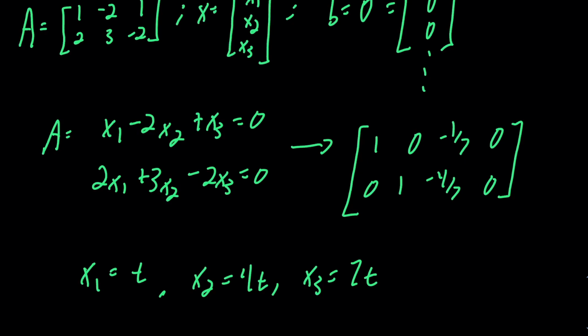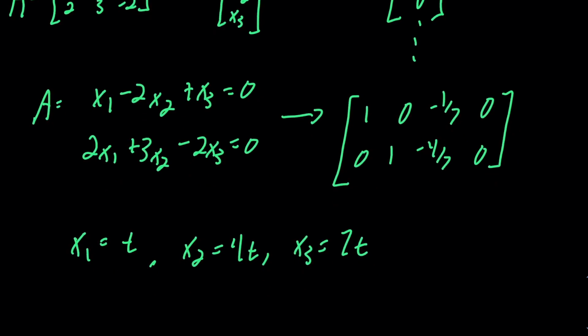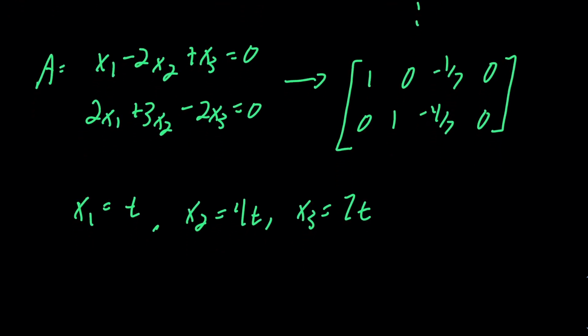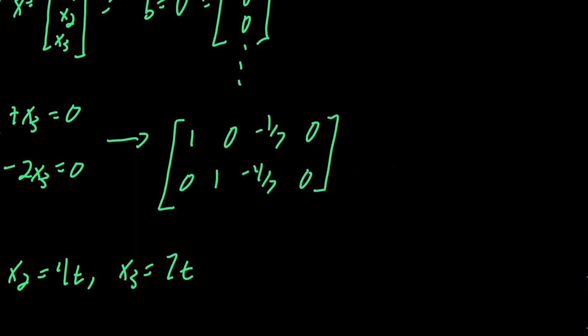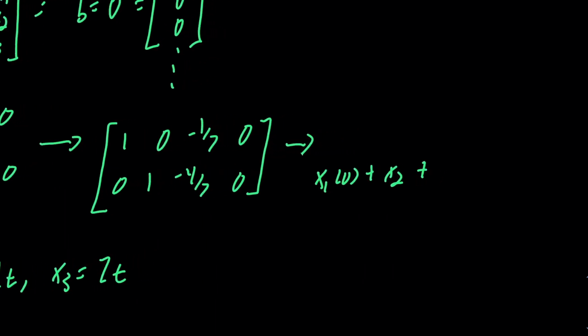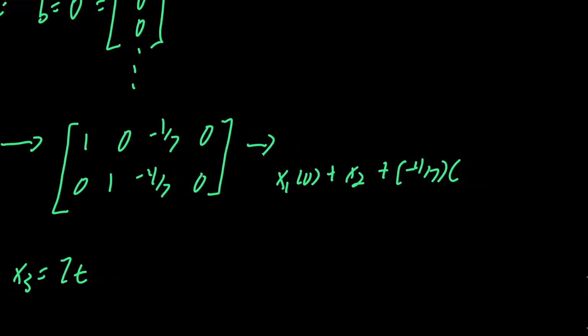So, let me elaborate on how we found these parameters, since this system has infinitely many solutions. If we let x3 equal 7t, and by the way, we probably should have started with that, it would have made the process a lot easier, then the second row of our Jordan elimination matrix simply becomes x1 times 0 plus x2 plus negative 4/7 times 7t, which is equal to 0.